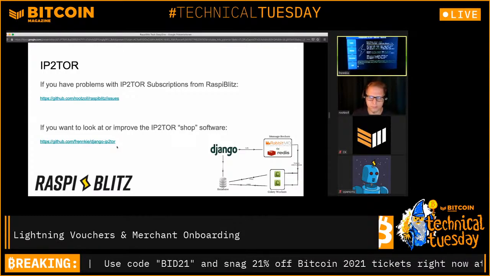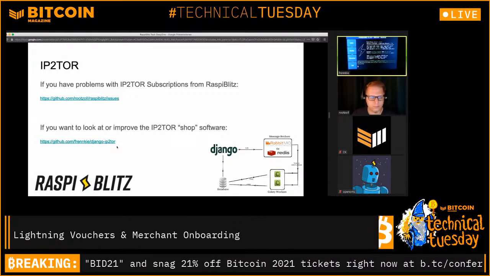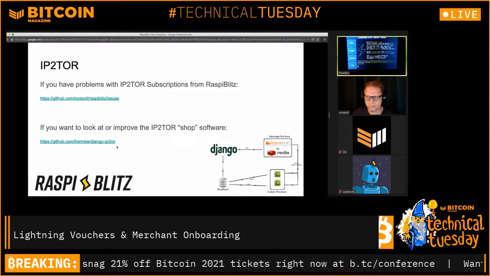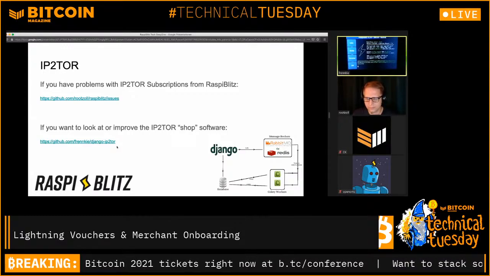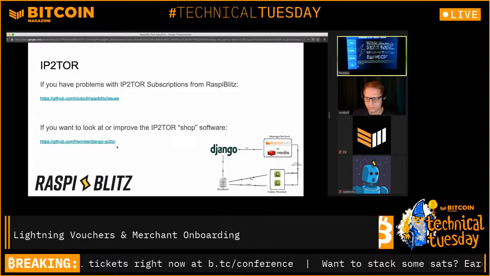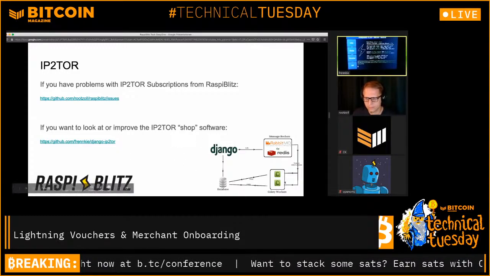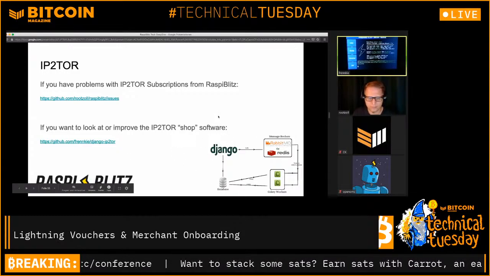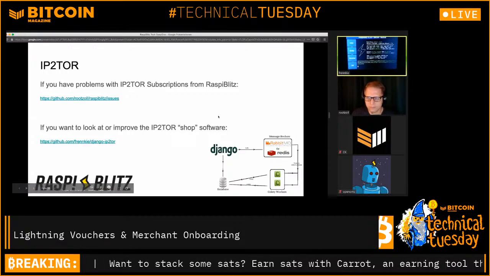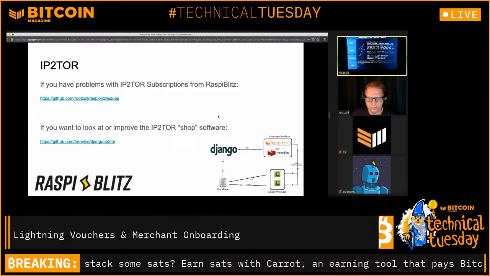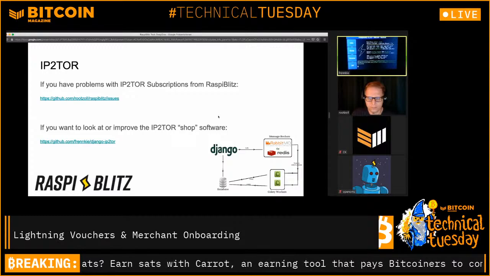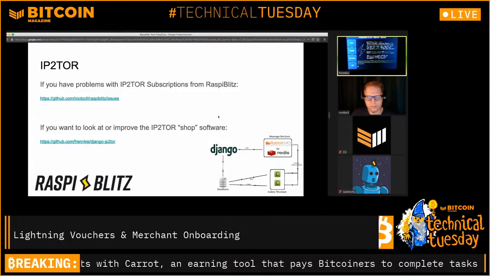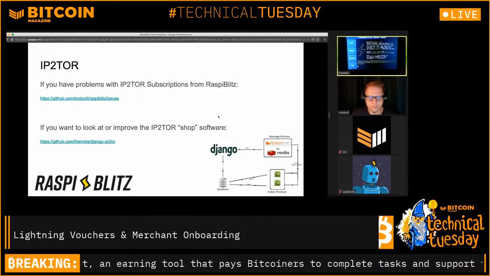I have a small graphic on the right-hand side where you already see I decided to implement this in Django. There is a Redis queue, and there are workers, and there's a database. If you're familiar with any of that and are interested, then maybe go to that URL and look at it, or maybe send me a pull request for any improvements that you would see for this topic.